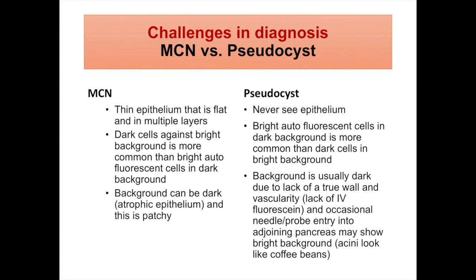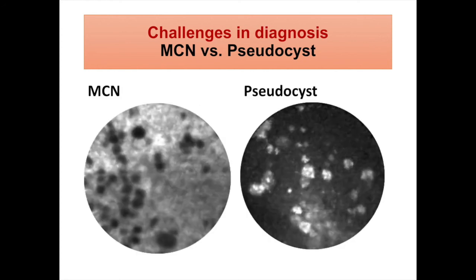You also get to see these dark areas and clumps of inflammatory cells. Now, pseudocysts never reveal an epithelium, and most of the cyst is either dark with some autofluorescent inflammatory cells. Occasionally, you may see a bright background, which is because of the underlying pancreas, and against that background, you tend to see clumps of inflammatory cells.